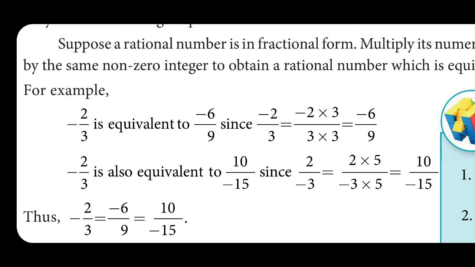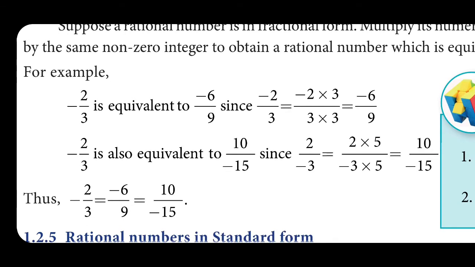Example, minus 2/3 is equivalent to minus 6/9, because the numerator and denominator of minus 2/3 are multiplied by 3, and we get minus 6/9. Similarly, multiplying the numerator and denominator of minus 2/3 by 5, we get 10/minus 15. Therefore minus 2/3 is equal to minus 6/9, and minus 2/3 equals 10/minus 15. These are called equivalent numbers.